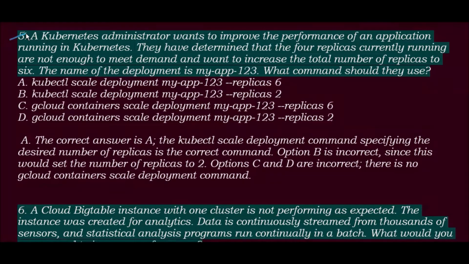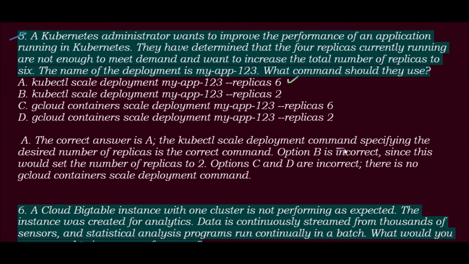Option A, the command is kubectl scale deployment myapp-123 --replicas=6. Option A is correct here because the kubectl scale deployment command specifying the desired number of replicas is the correct command.